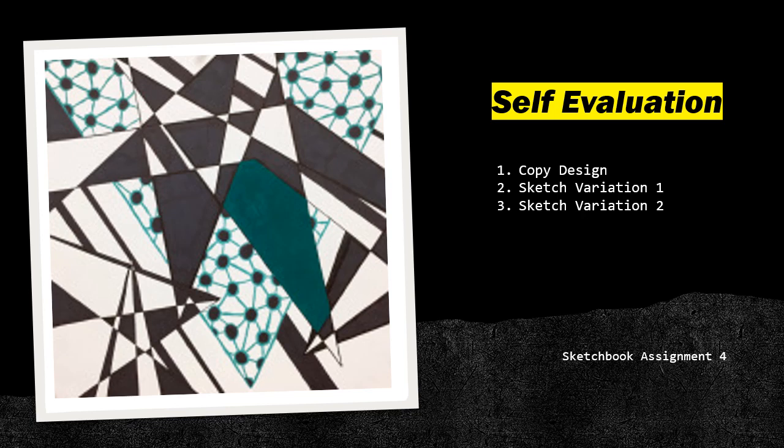So the good thing is you don't have to create anything new. You're just going to literally copy something that you already made that you think is successful, and we're going to skew it a little bit. So the first variation should make your design appear symmetrical. So for this particular design on the screen, what I would probably do is take some of the black shading out of a couple of the triangles on the top, and then add more or fill in more on the bottom.